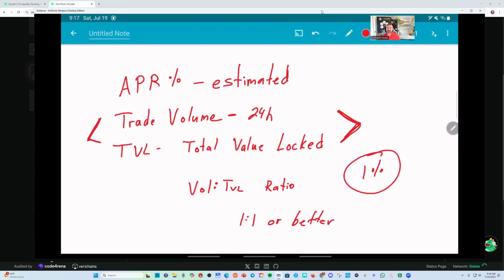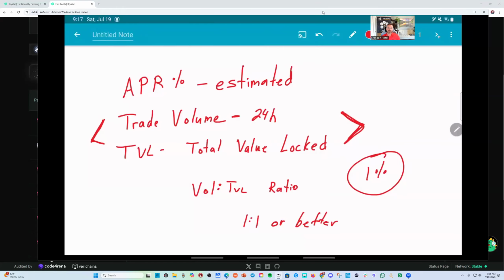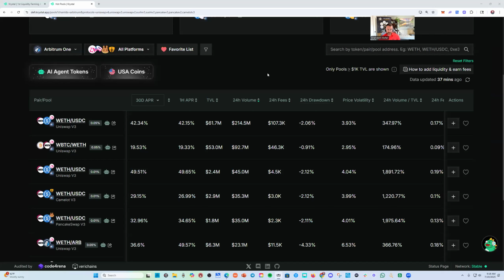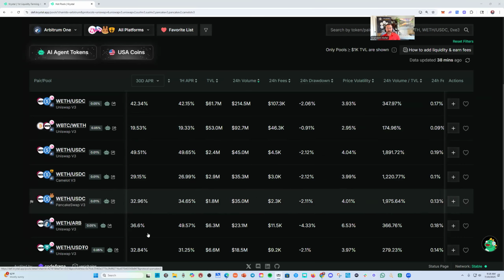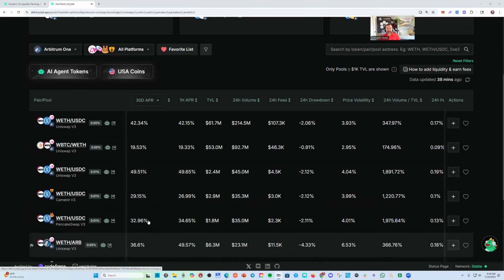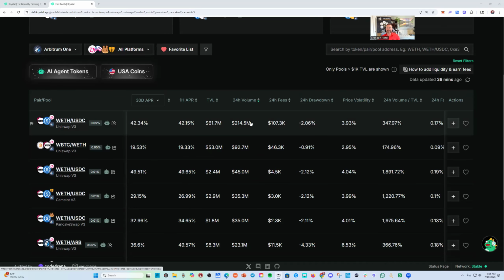Again, no guarantees, but it's a good place to start if you're staring at the screen going, it's just a bunch of numbers and rows and columns, I don't even know where to begin. Well, I'm going to tell you where to begin. Come to 24-hour volume, click this little sort button, and all of a sudden you're going to get not the top APRs straight out of the gate. Instead, you're going to get the highest traded pairs.